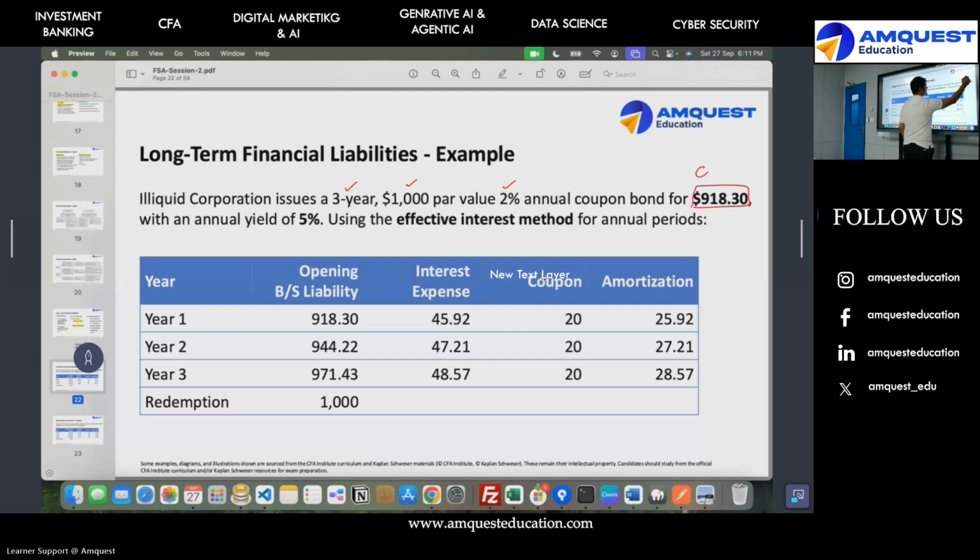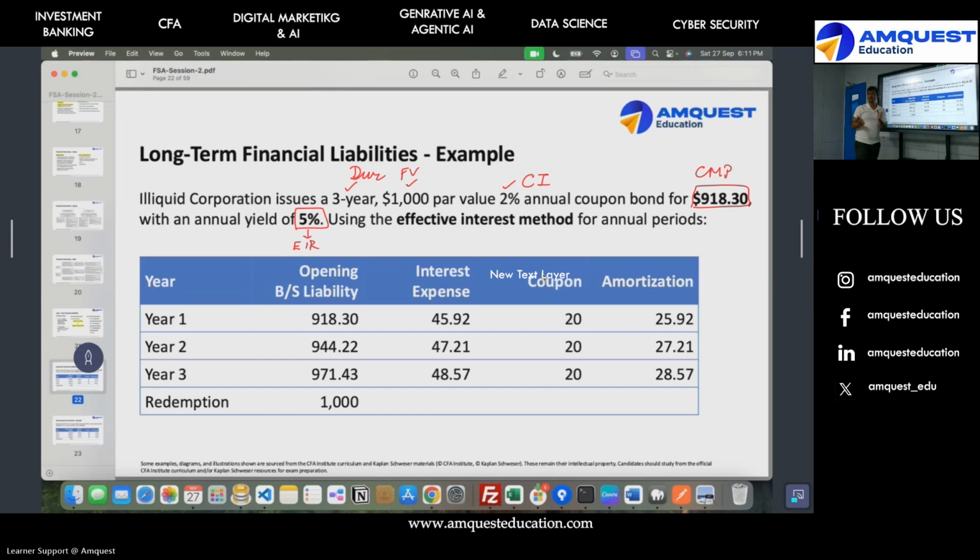So this is nothing but my current market price. This is my face value. This is the duration, and this is my coupon interest. Now, what is the annual yield of 5%? 5% is the effective interest rate.